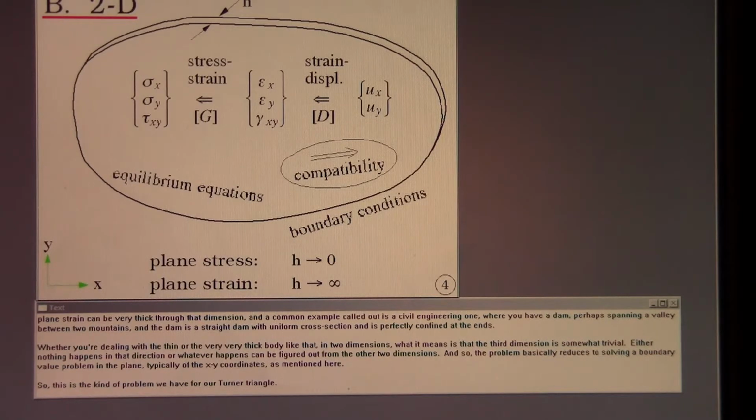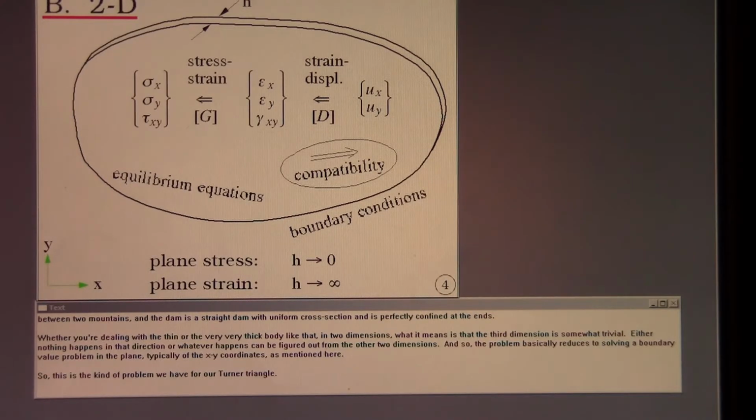Either nothing happens in that direction, or whatever happens can be figured out from the other 2 dimensions. And so the problem basically reduces to solving a boundary value problem in the plane, typically of the xy coordinates, as mentioned here. So this is the kind of problem we have for our Turner triangle.